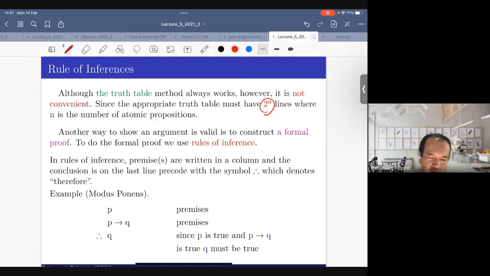So the other way is to use rules of inference. Rules of inference basically say that you use what you already know is true, and then you use the premises and whatever rules you know are already true to come to the conclusion that the conclusion is true, or that the conclusion can also be false.